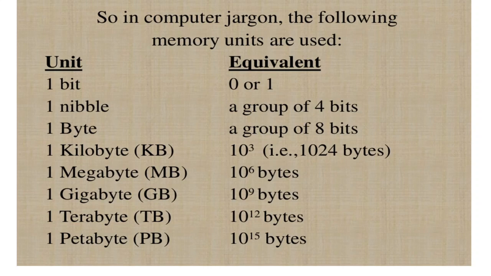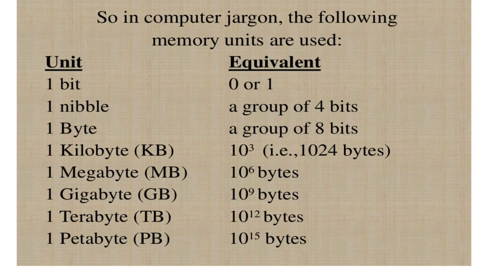First, the basic memory unit is the bit. That is, it is 0 or 1. One bit could be either 0 or 1. Then the nibble, which is not that popular or familiar, but a group of 4 bits is called one nibble. It's not widely used because we use the next unit, 1 byte, a group of 8 bits.